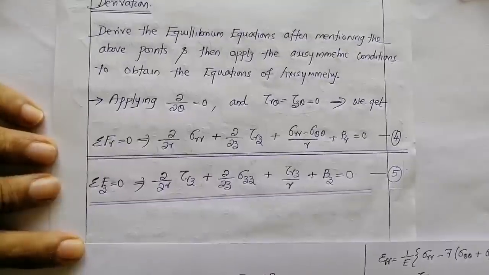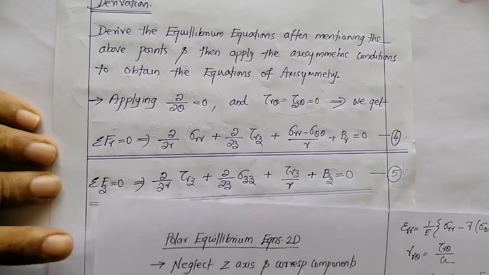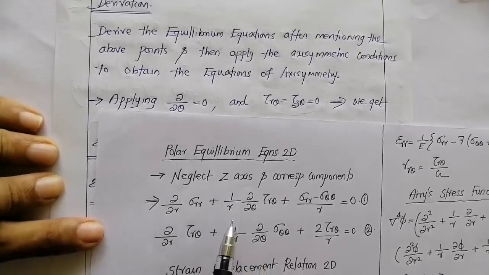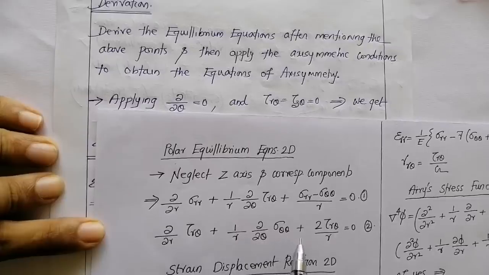Now, what you need to take care is that there are three general equilibrium equations. If you are asked to write the equilibrium equation in 2 dimensions, you have to neglect the z axis and the stress components in z axis, as I have explained earlier, and you have to write these 2 equations.